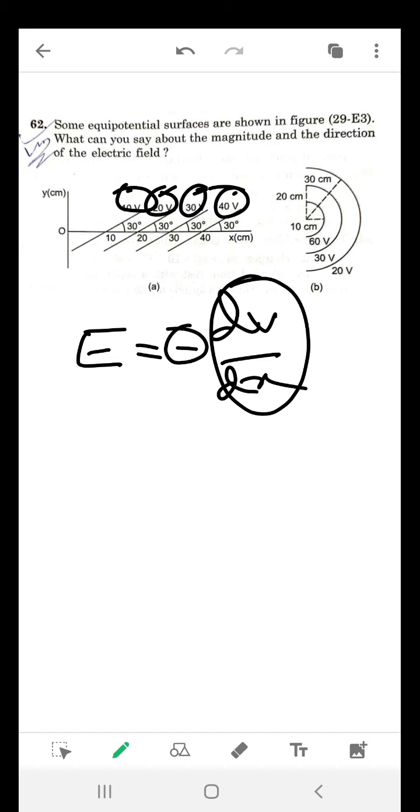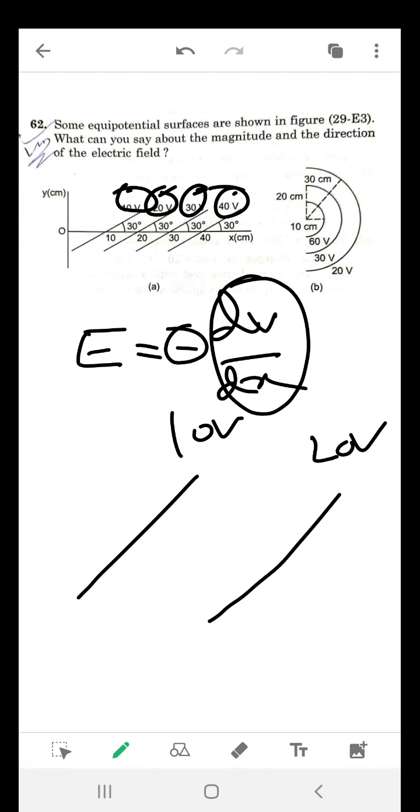So if we have to draw, suppose this is the first surface at 10 volt and this is the second surface at 20 volt. In this way the surfaces are there. Suppose this is the second surface, at 20 volt. We know the equipotential surface and the electric field are perpendicular to each other.